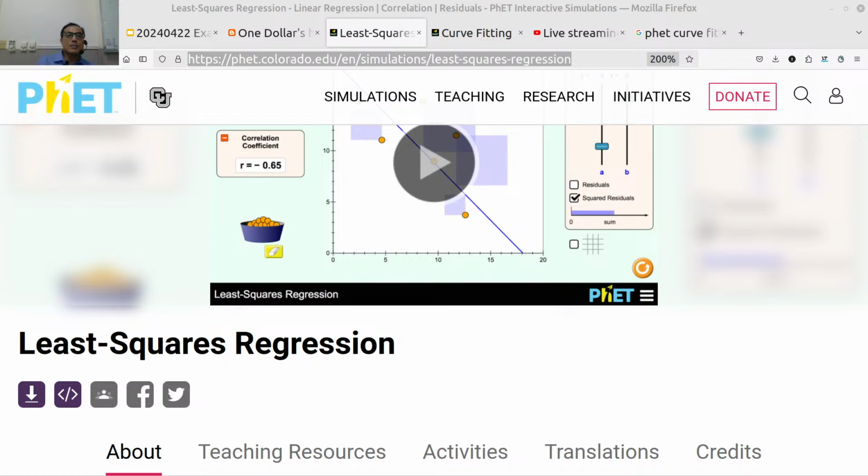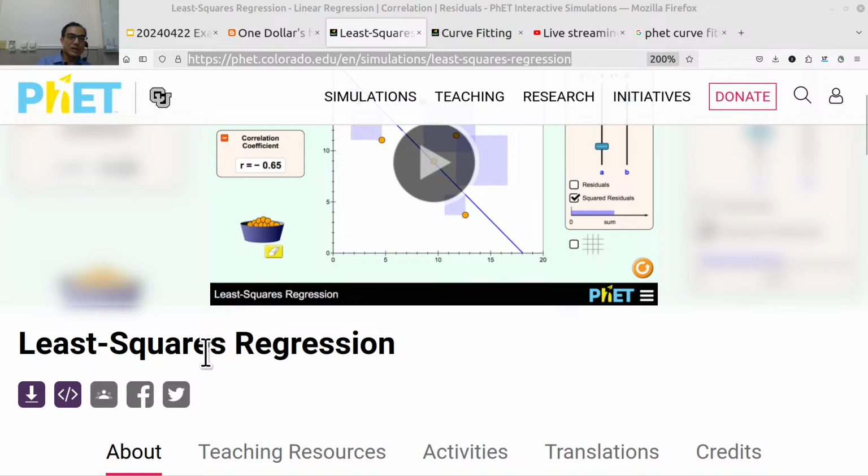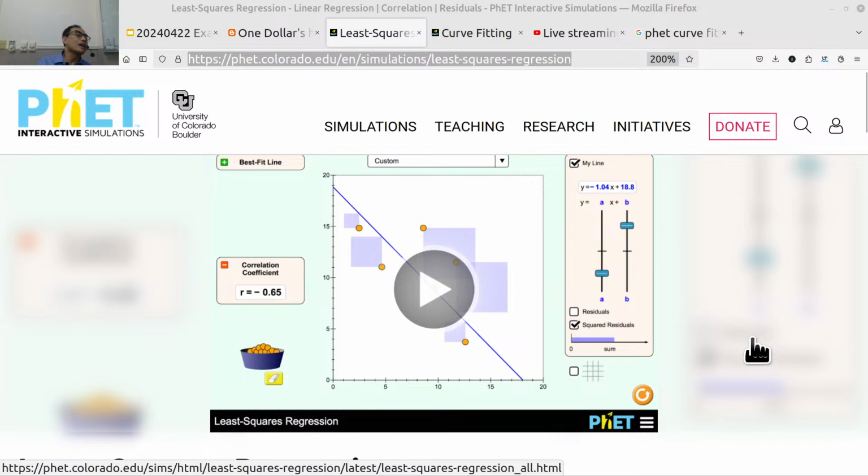Okay, I just copy and paste the website here to our group. The topic here, least squares regression. Again, the principles and theories in this topic are really not easy.